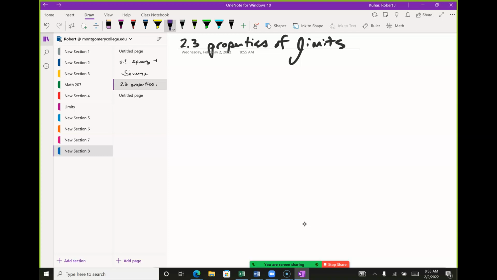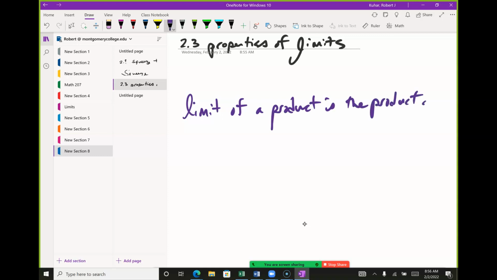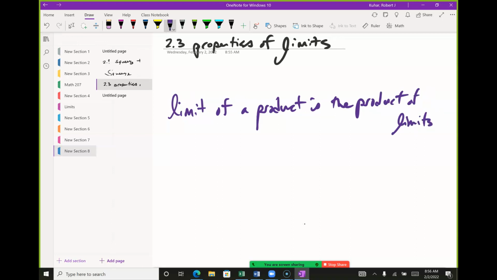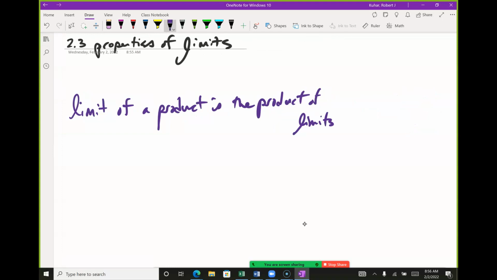But it says the limit of a product is the product of limits. So let's assume, and of course when you assume you make an ass out of you and me, right?